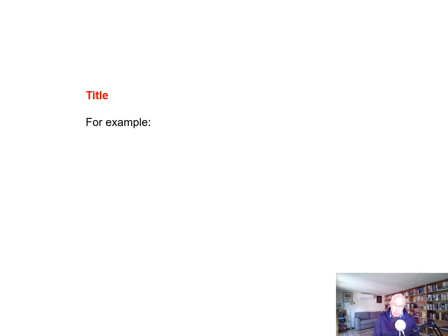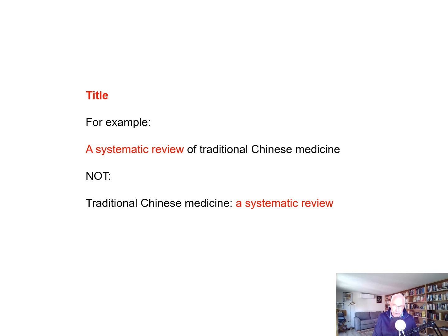So, for example, it's considered better to write a systematic review of traditional Chinese medicine rather than traditional Chinese medicine, a systematic review. It's important to tell people what the method for the paper is, and that seems to be the most important thing to do.